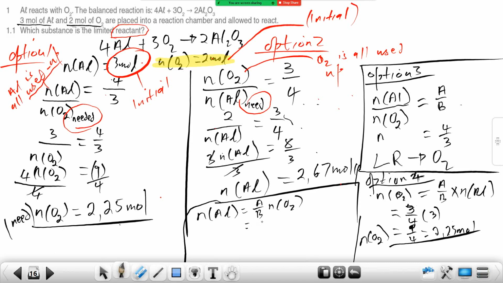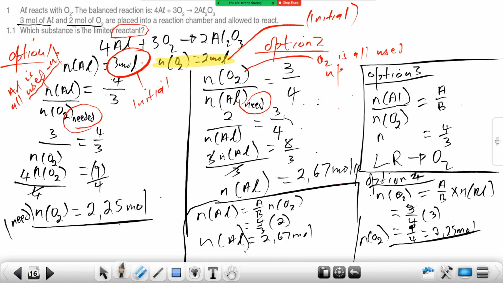So this will be 4 over 3 into 2. Then your final answer here will be 2,67 mole of aluminium.